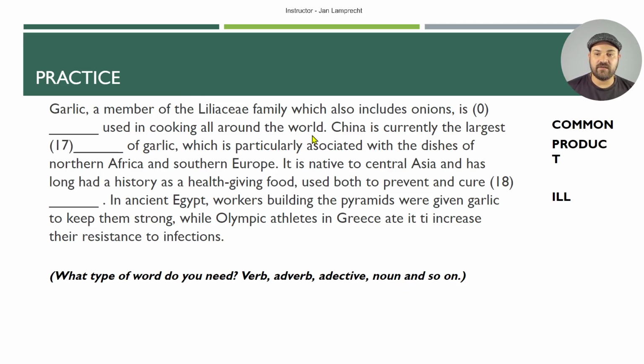China is currently the largest of garlic, which is particularly associated with the dishes of Northern Asia and Southern Europe. So, what type of word do you need in 17? What type of word do you need in 18?